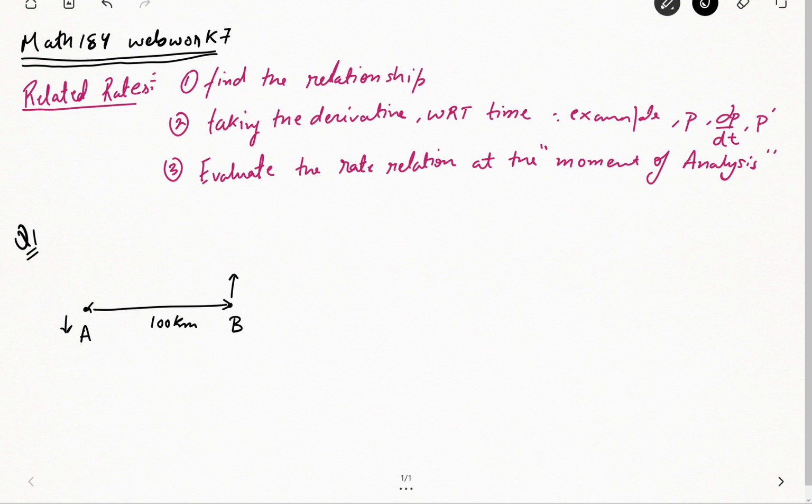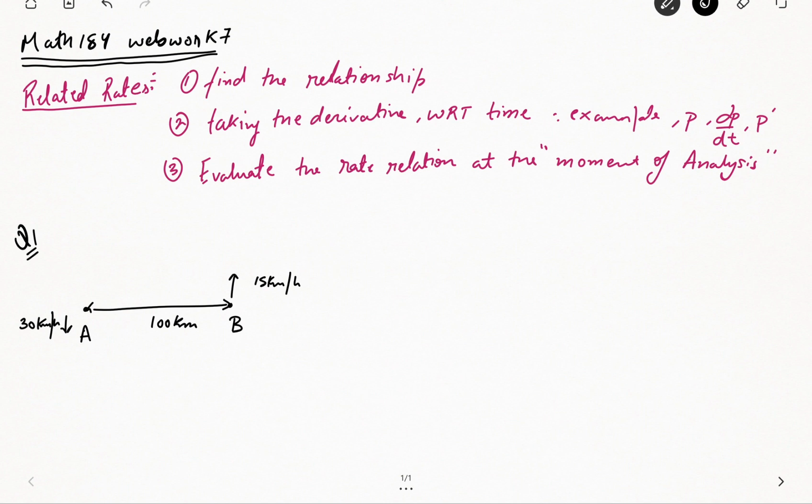We're given their respective speeds. Ship A is sailing at 30 kilometers per hour, and ship B is at 15 kilometers per hour. As you put this in motion, B is going to go up north, A is going to go south, so you're going to have those sides extended out.